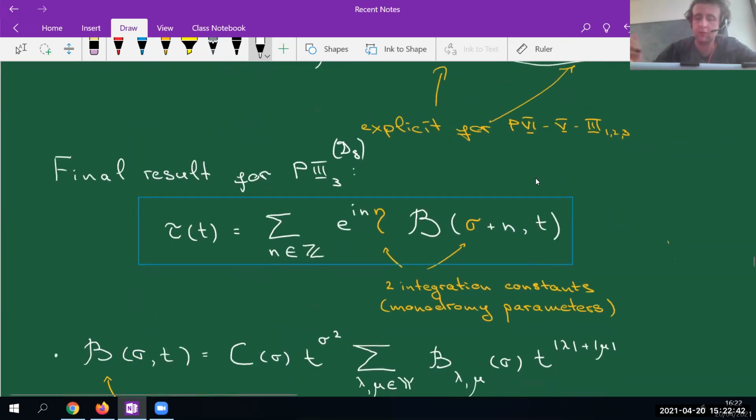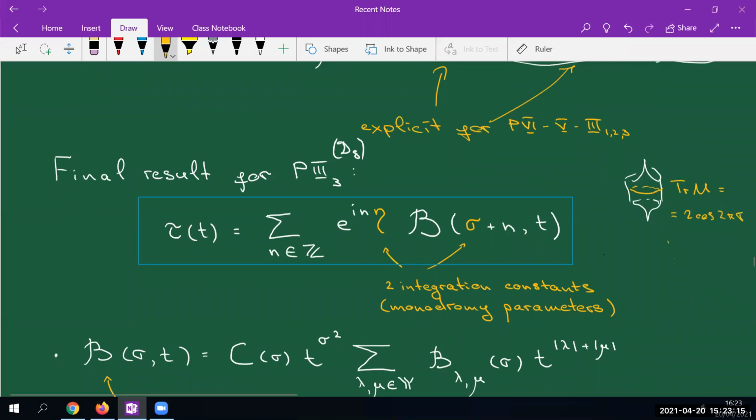For Painlevé 3, we have this picture here. And sigma is related to the trace of the monodromy matrix along this cycle. So it's 2 cosine 2 pi sigma. And eta is a kind of twist.